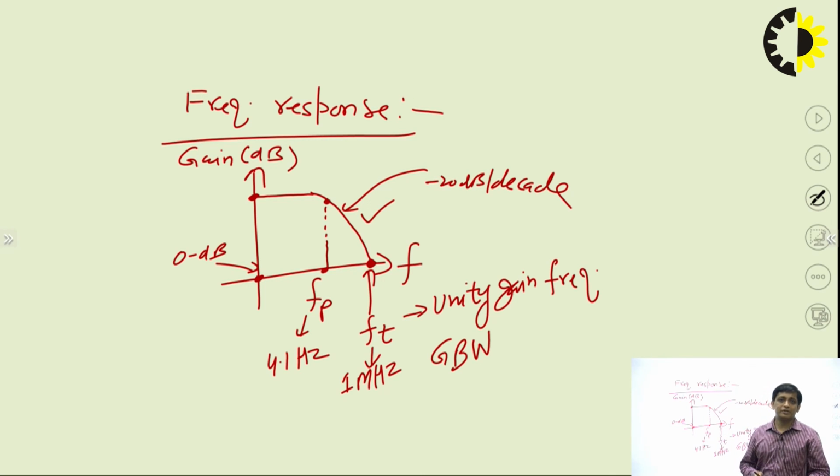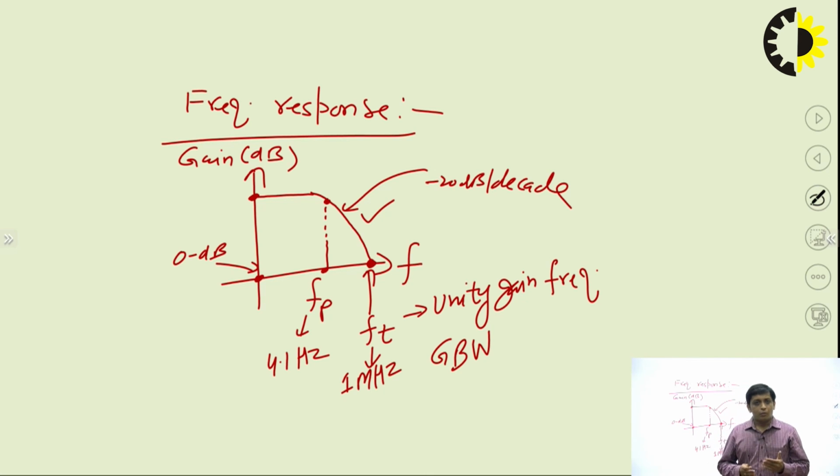For many applications, the gain bandwidth product required may be high, it may be 100 megahertz, 200 megahertz, 500 megahertz. There we cannot use this 741 IC. There we use those op-amp ICs for which the unity gain frequency is more, right?